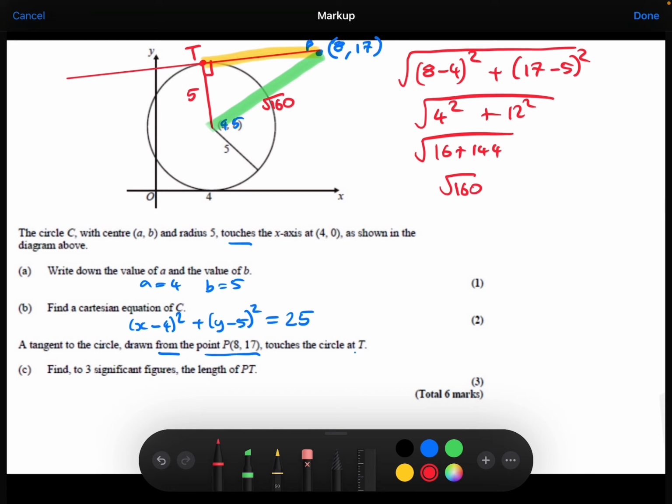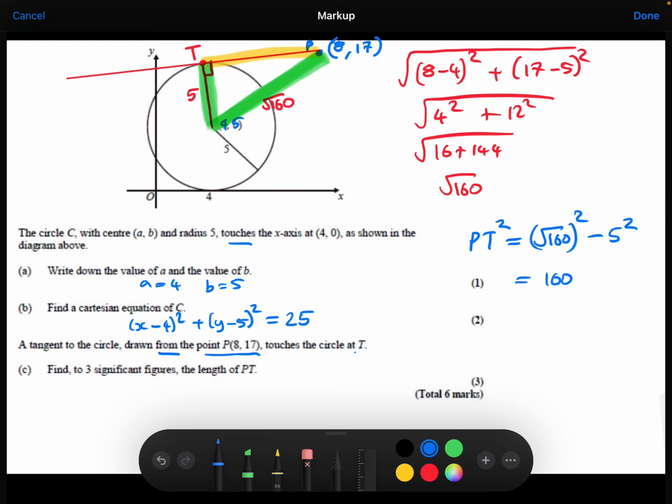I can now do some Pythagoras here because I know the hypotenuse of this triangle. I know the green length here is root 160. I know this side here is 5, so we can now work out the length PT. A little bit of Pythagoras. PT squared is going to be equal to the hypotenuse squared minus the 5 squared.